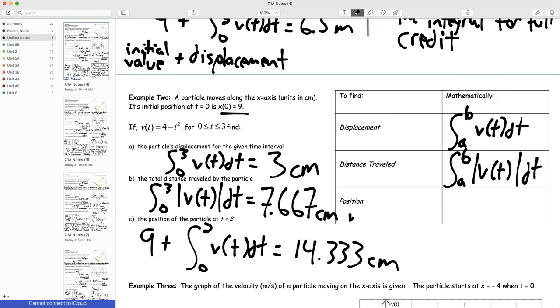Position is going to be initial value plus displacement. So it's initial plus the integral from A to B of v of t dt.